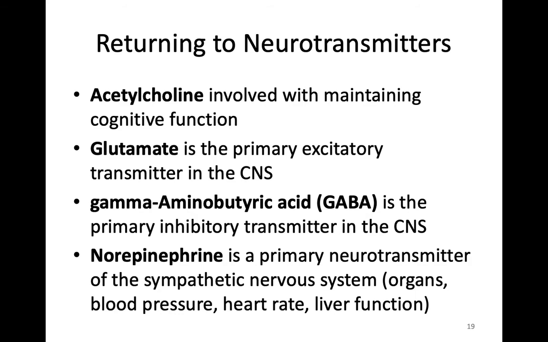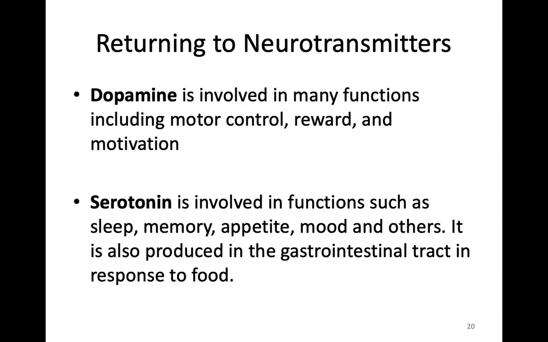Towards the end of the class, when we learn about psychological disorders, we'll return to neurotransmitters because medications are often designed to control neurotransmitters either by increasing them or by inhibiting them. Okay.